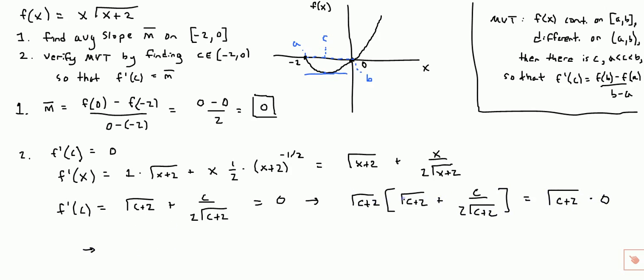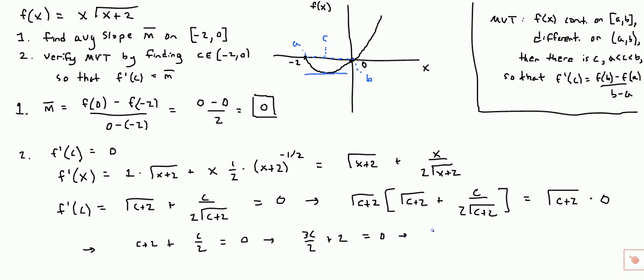The first two terms are going to turn into c plus 2, right? Plus, and then root c plus 2, it's going to be divided by root c plus 2. So we're going to be left with c over 2, right? That's just multiplying out all of these terms. And this is equal to 0. So we have a c and a c over 2. So this means that 3c over 2 plus 2 equals 0.